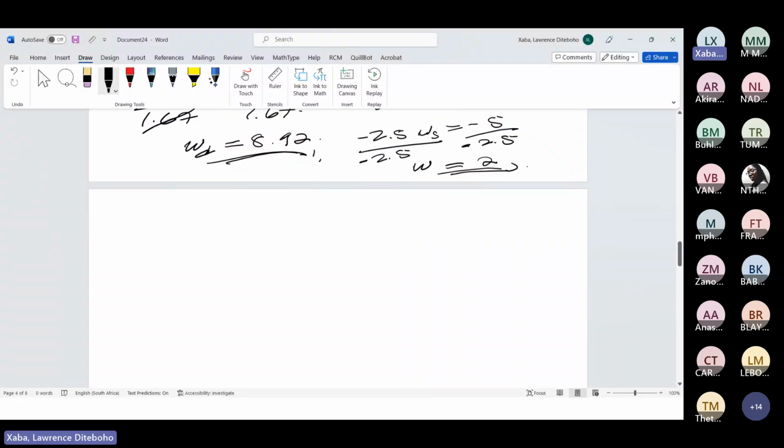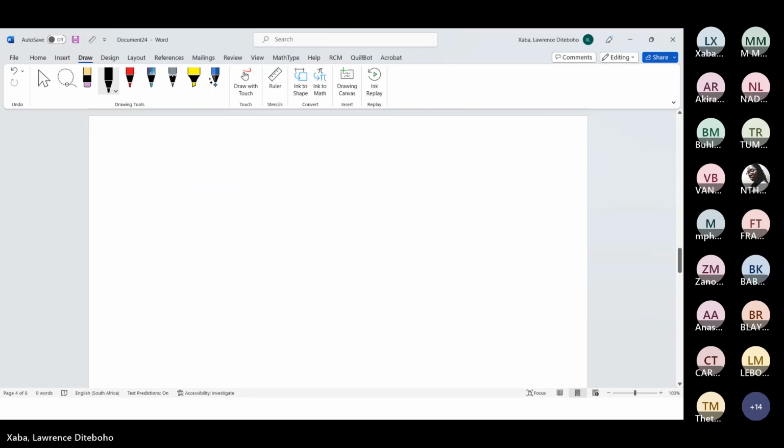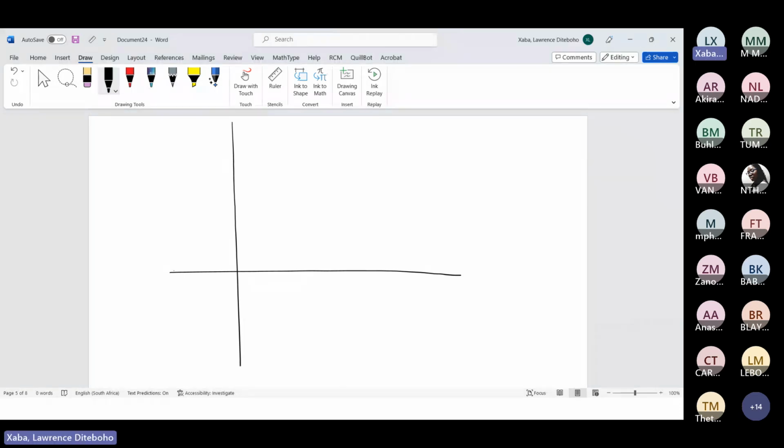So if we have to do our graph, we know that we got -5, we have 2.